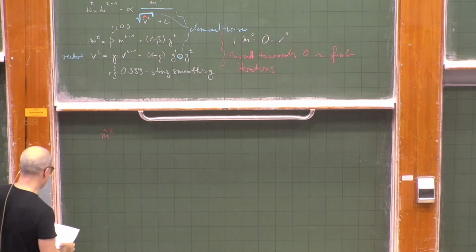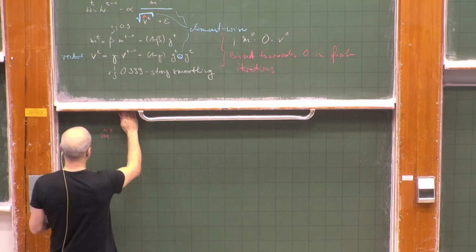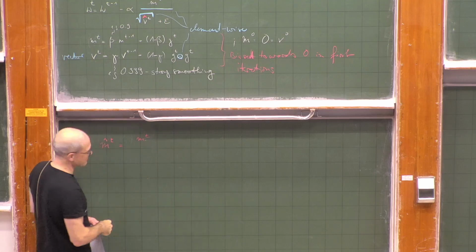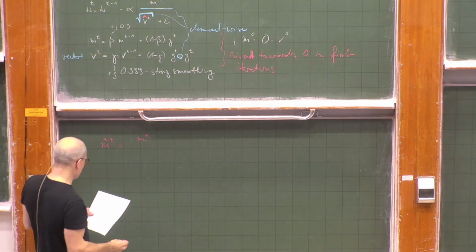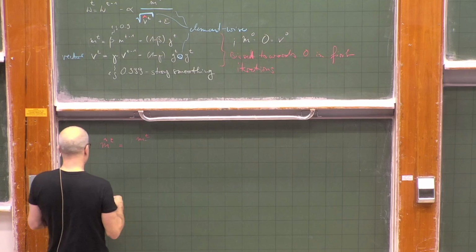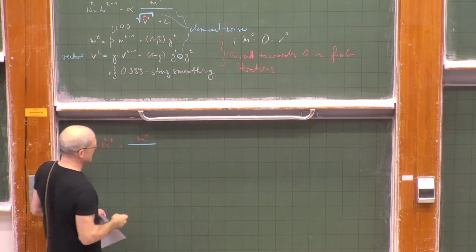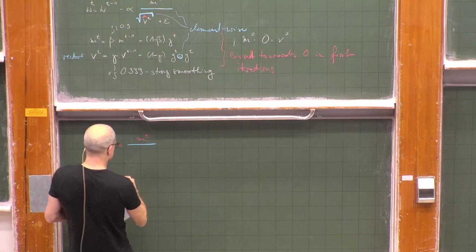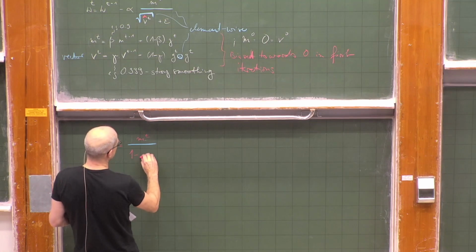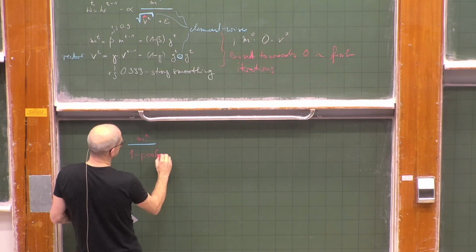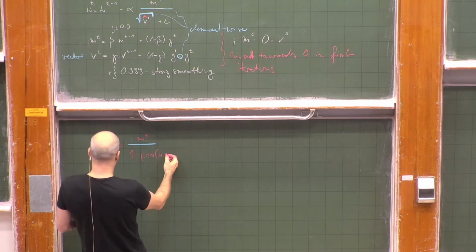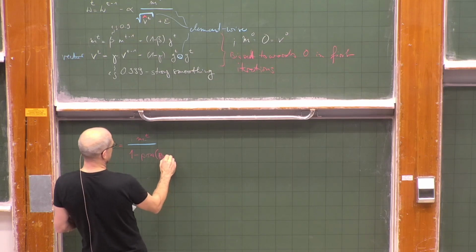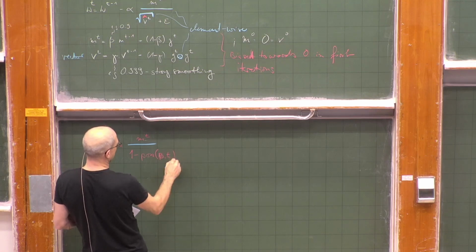So this m hat of t is m_t, and then we again have this, I use blue here for element-wise, and then we have 1 minus beta to the tth power.